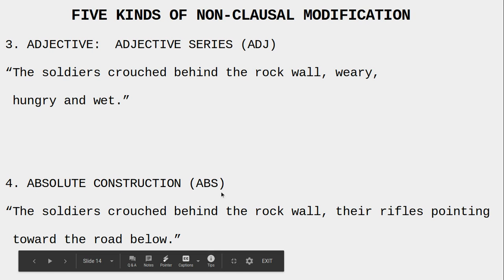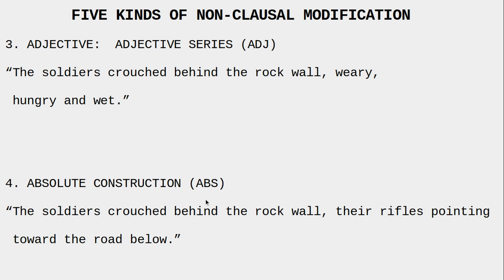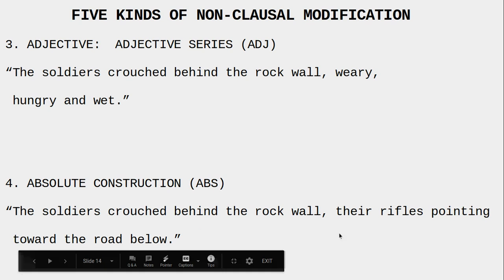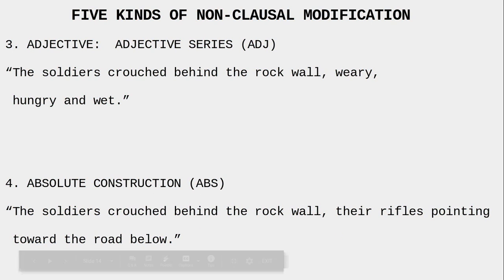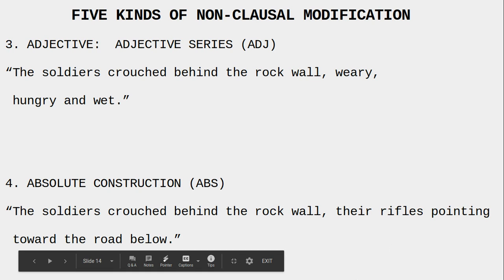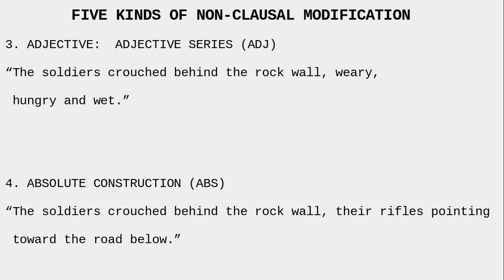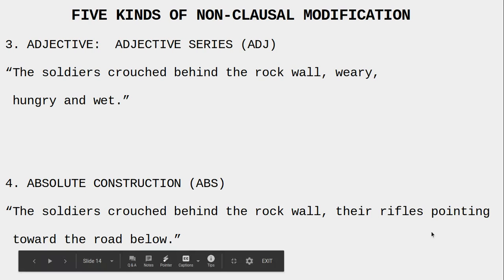And with the absolute, I've abbreviated it ABS. And so that's something different, something that you might find new to you, and that's okay. But it is something that really adds a level of maturity to writing when you're trying to describe something in a different kind of way or an interesting way. Something that's very clear to imagine, very easy to use. Again, one more tool in our toolbox of writing skills.